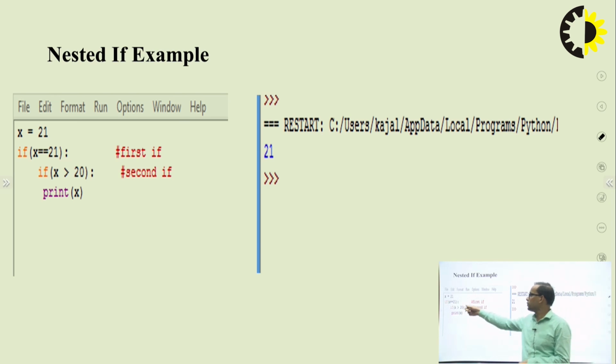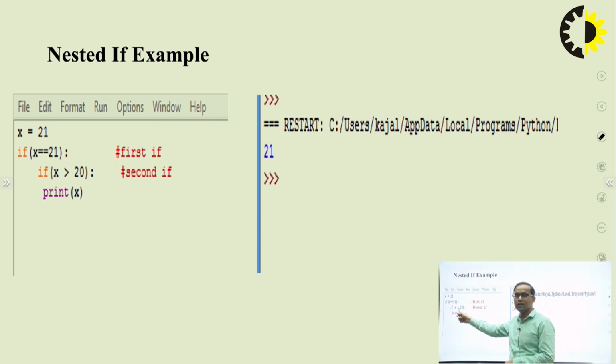In this program we have declared a variable x and assigned the value 21 to x. The first condition is x is equal to 21, which means we are testing whether the value of x is equal to 21. If this condition is true, then inside this if statement we are nesting another if statement. So this is the outer if statement and this is the inner if statement.